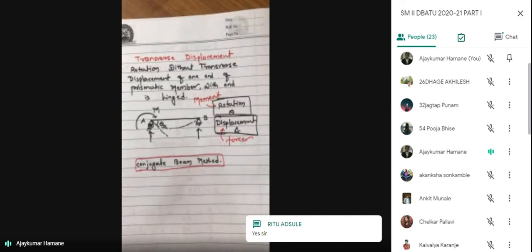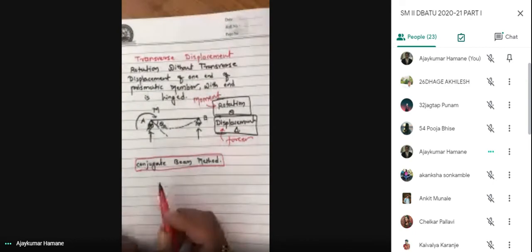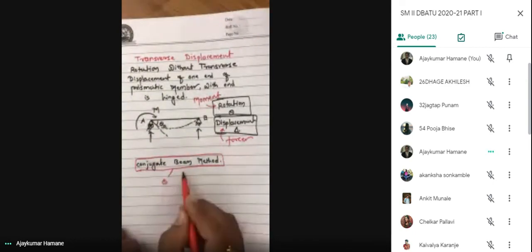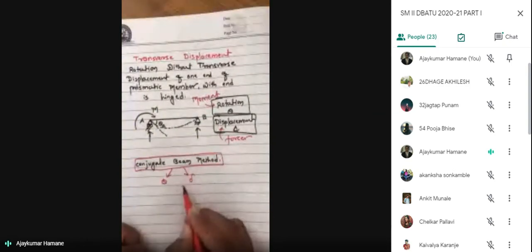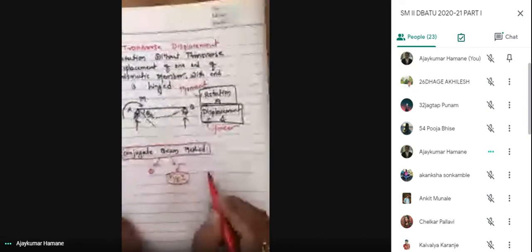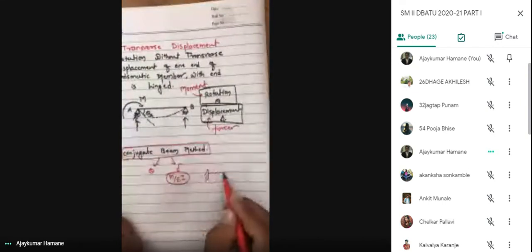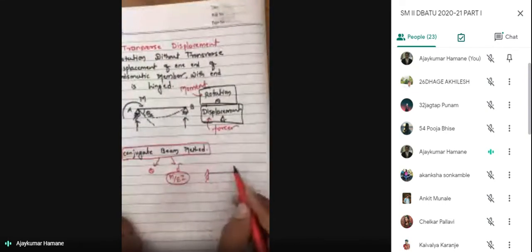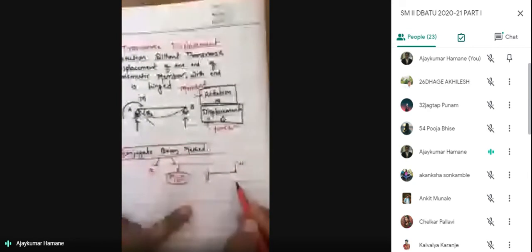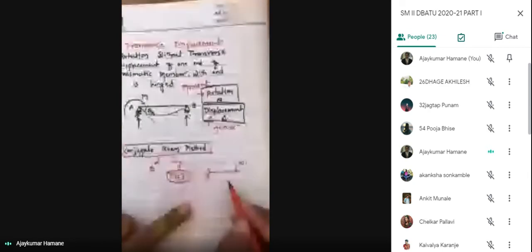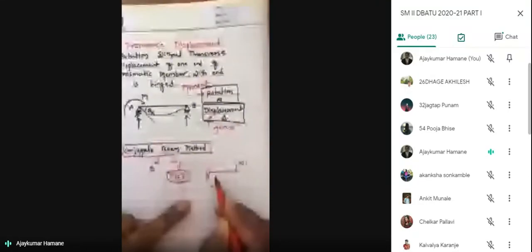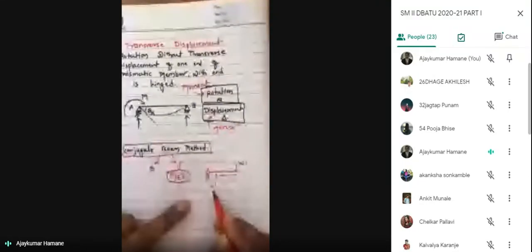If you know, this method is to find out the displacement and deflection. That is also called the M by EI diagram in this method. Suppose there is a cantilever and there is a load W. If you want to find the displacement and deflection at the end, the bending moment will be WL.